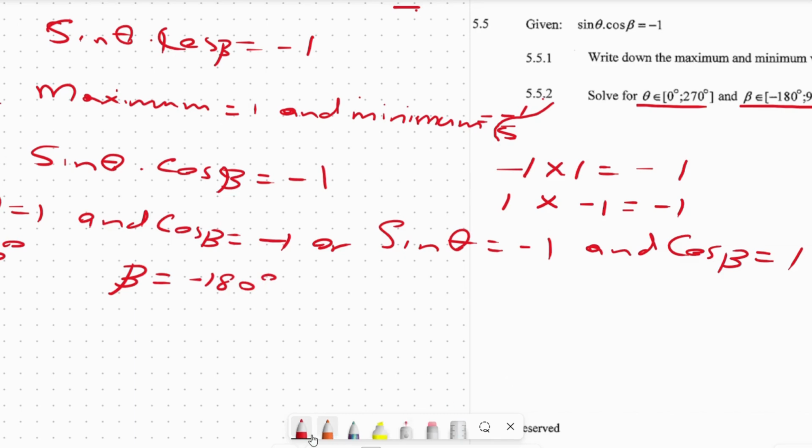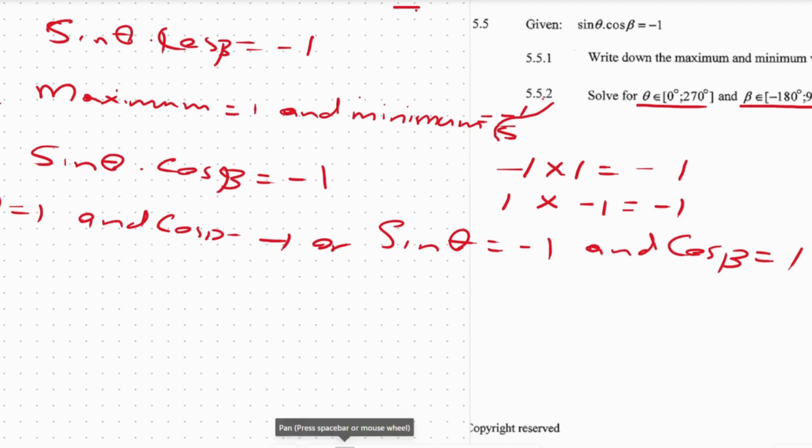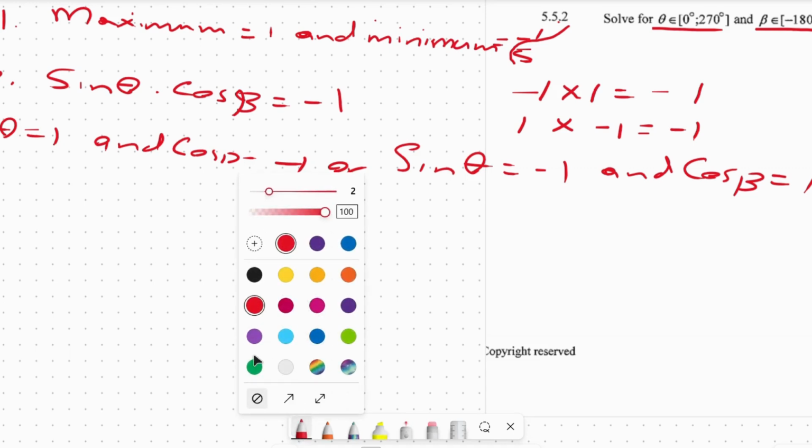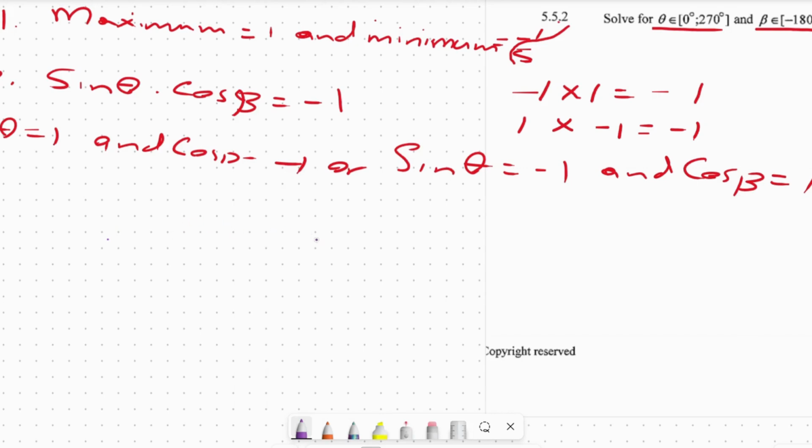So let me try to do a sketch here so that you'll understand what I'm talking about. Let me erase this first. This is my Cartesian plane.